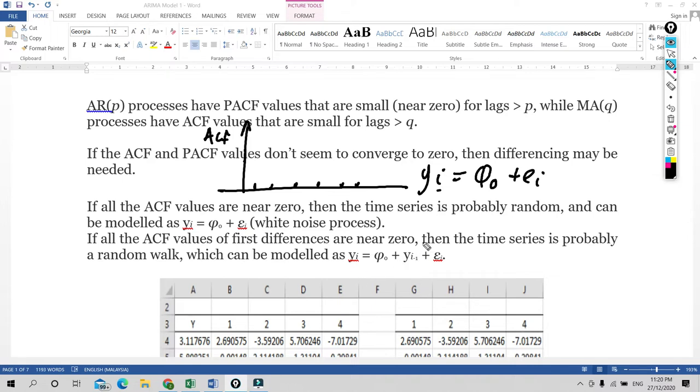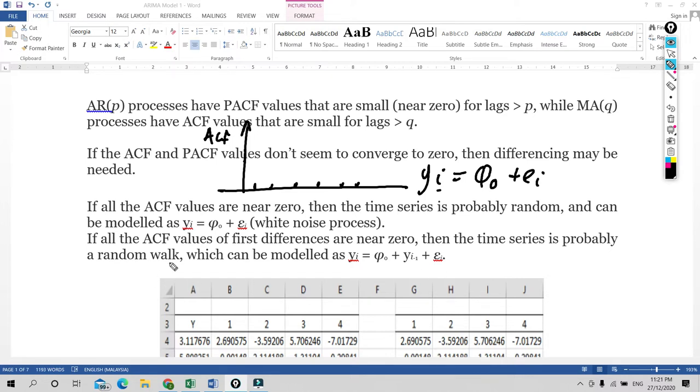Now, if we do a first differencing and we find that the graph is like this, this refers to a random walk, and the random walk becomes y sub i is equal to phi sub 0 plus y sub i minus 1 plus epsilon i.